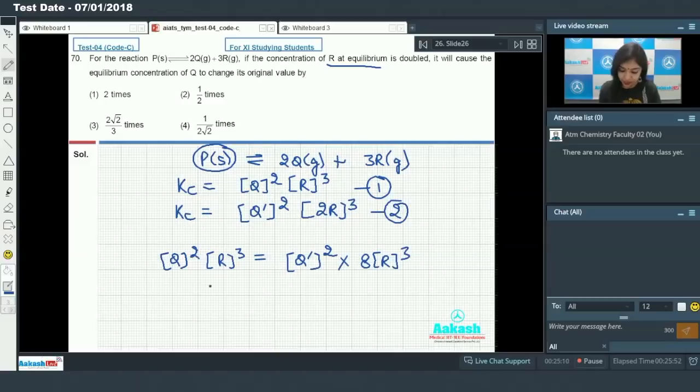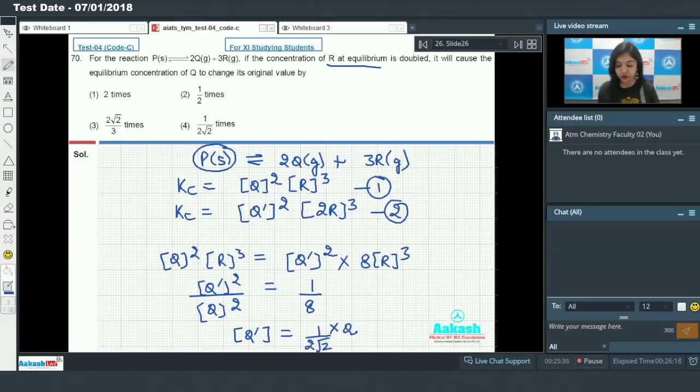Okay? So from here, Q dash square divided by Q square will be equal to 1 by 8. Okay? So from here, the new concentration of Q will be equal to 1 by 2 root 2 into the initial concentration of Q. So option number 4 will be the correct answer.